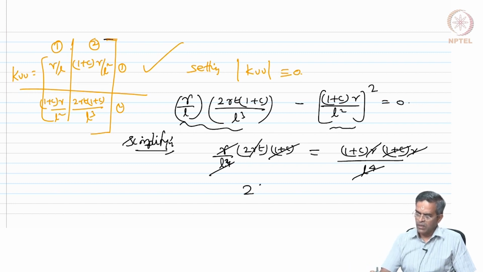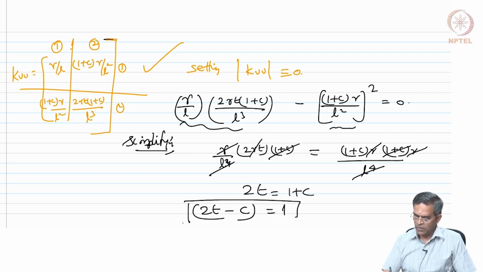So, I can now say 2T is equal to 1 plus C, or 2T minus C will be 1. This is my control equation.